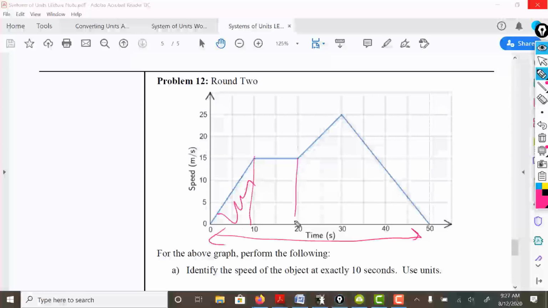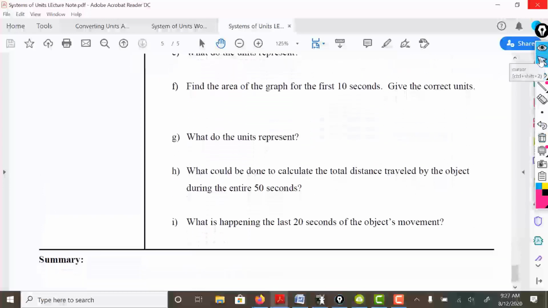You would split this up into a rectangle and then maybe another triangle and then a big triangle. You would get all those areas, add them all up, and then you would know how far this vehicle traveled in these 50 seconds. So hopefully you wrote that down. That's very important. Don't leave it blank.